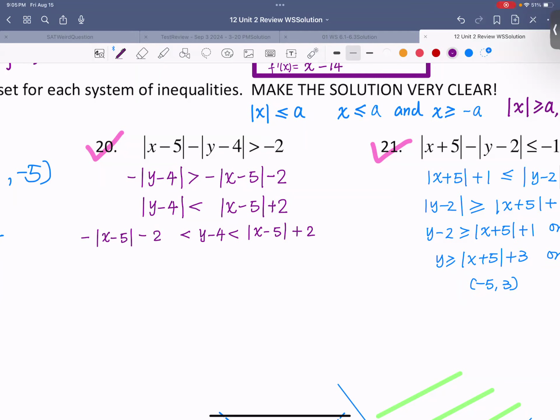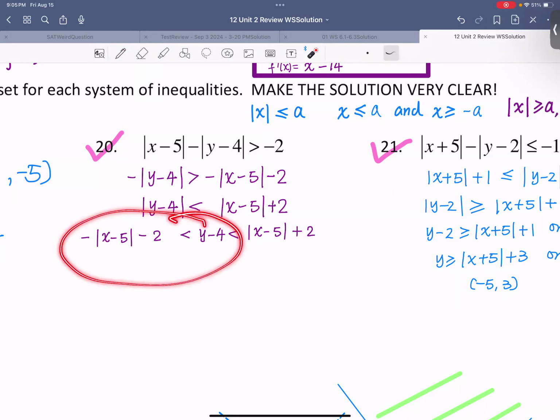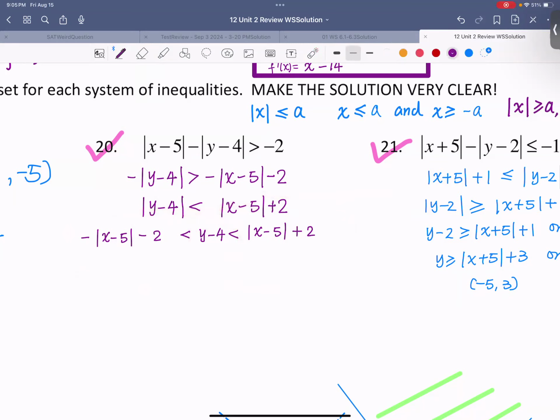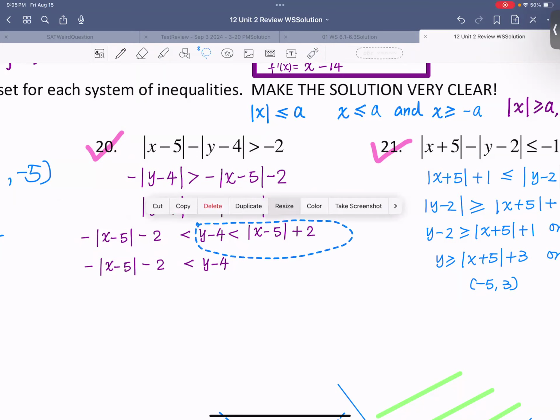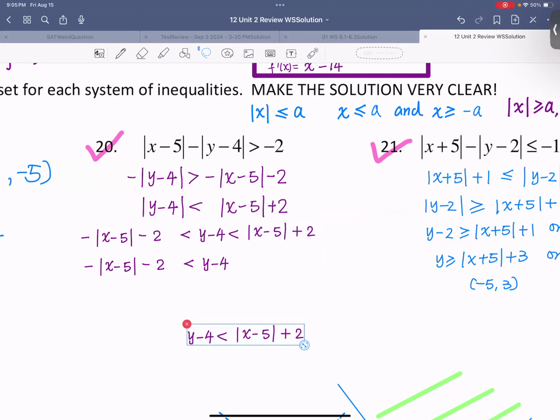Good. And then you can separate this, you put the "and". So again, from here, what do you do? You can plus 4 to the other side, right? Which becomes negative x minus 5 and then plus 2, less than y, right?